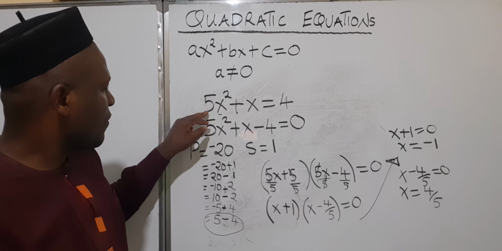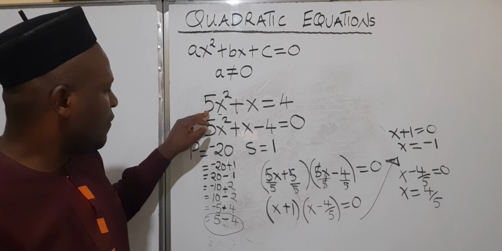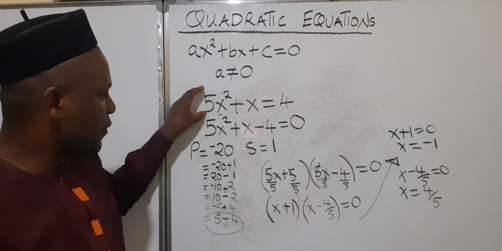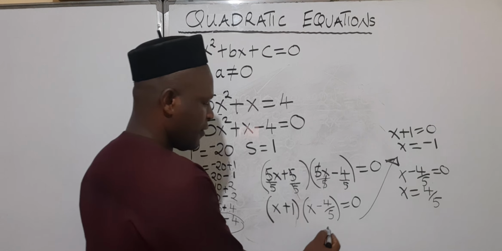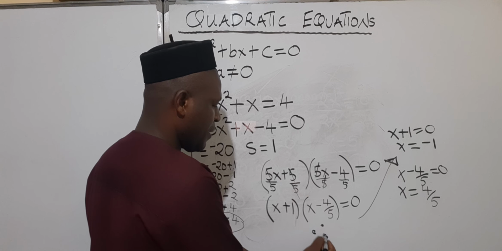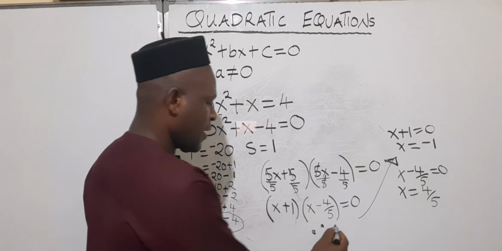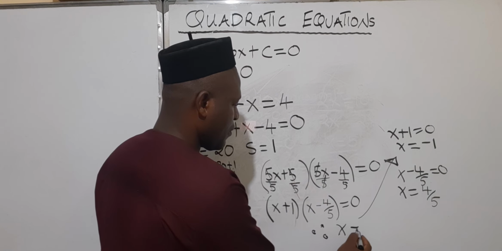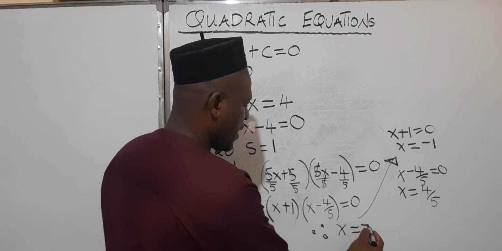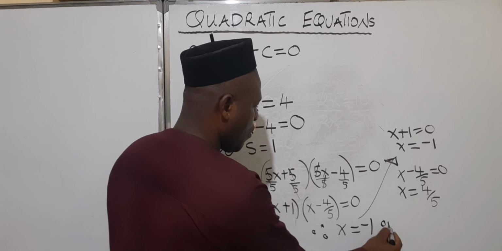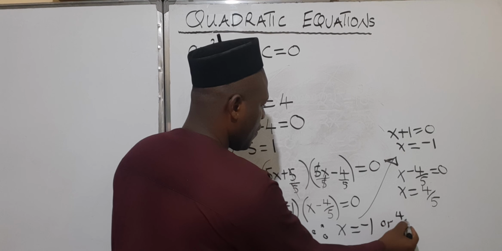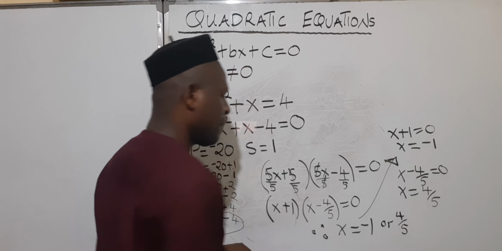The final answers for this quadratic equation, you are going to have something like this. X equals to negative 1 or 4 over 5.